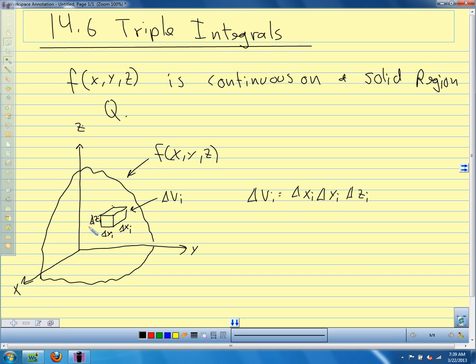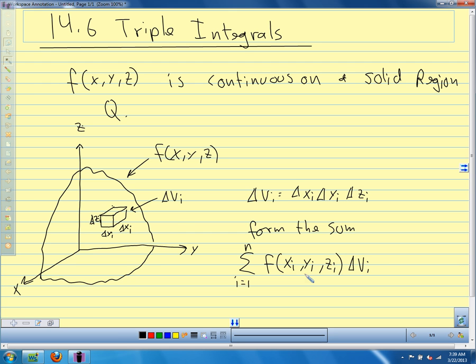So to find the volume, we're going to form the sum, i equals 1 to n, of our function times our delta v. We'll interpret this function in different ways. We could think of it as the density function.